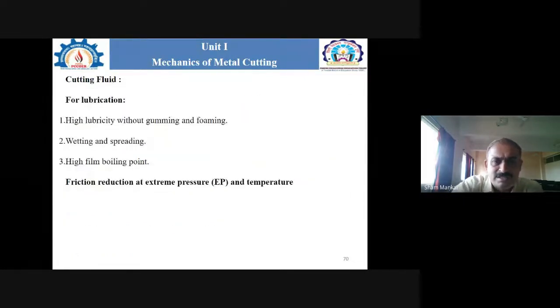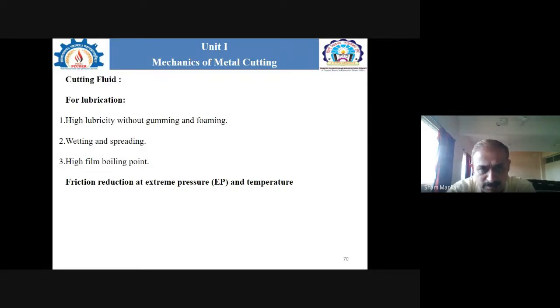Similarly, when we are considering the lubrication purpose, one must know what kind of properties are there in that particular cutting fluid. Okay, so high lubricity without gumming and foaming phenomena, then wetting and spreading, and the third one is a high film boiling point.